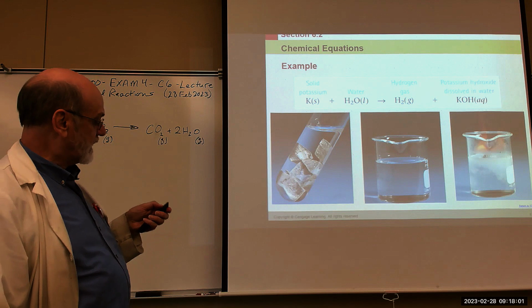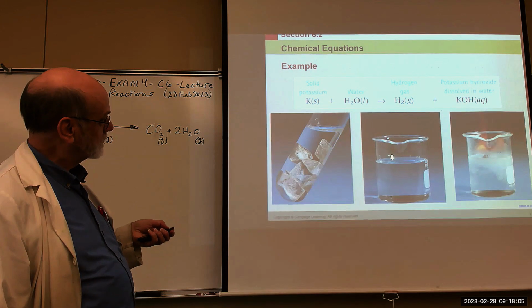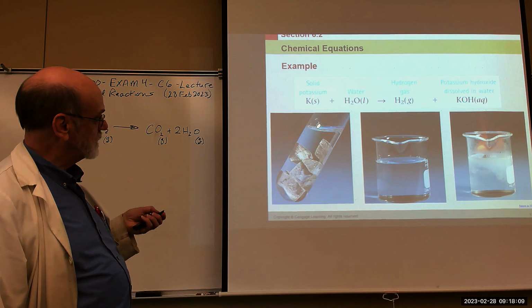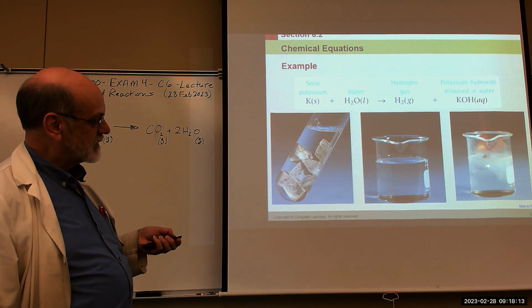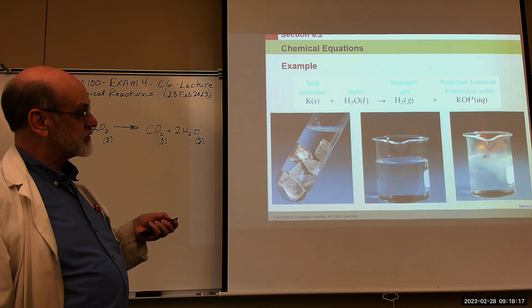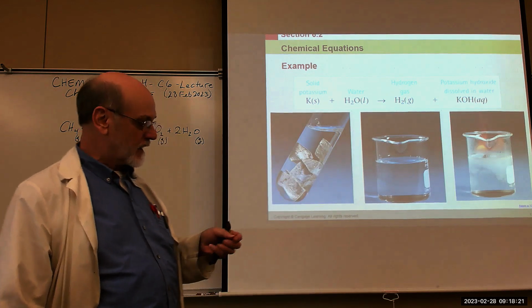But when we take some of this potassium out and put it in the water, which is what this represents here, the solid potassium combined with the liquid water, it produces hydrogen gas here. And it also produces this compound, potassium hydroxide.